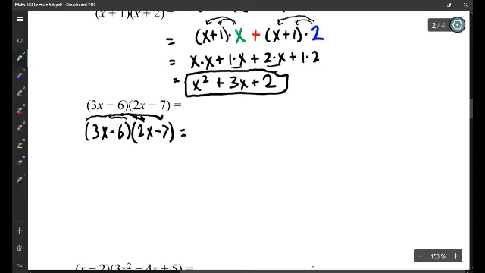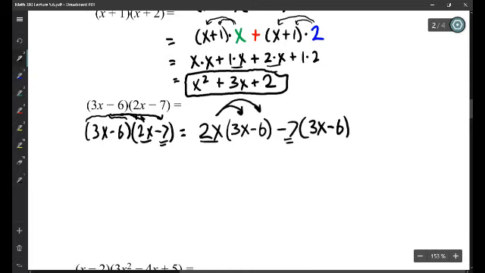So 2x times the entire 3x minus 6, in case you like distributing from the left, as opposed to distributing from the right, as I misspoke earlier. And then 3x minus 6 times negative 7 is the same thing as negative 7 times 3x minus 6. So this 2x shows up here, and this negative 7 shows up here. Now we can do distributions here and here.